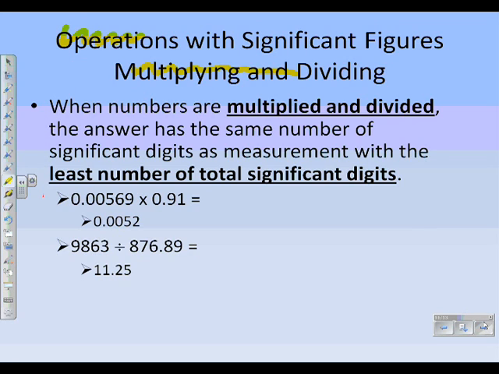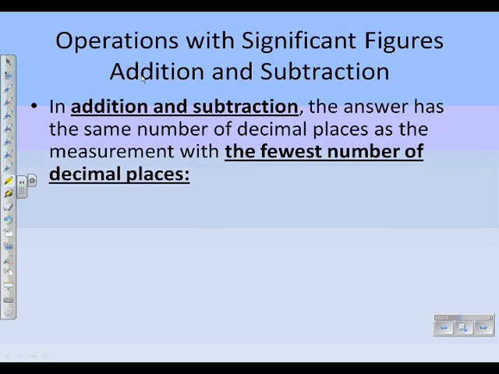Next rule. When we are adding and subtracting, we have another rule for addition and subtraction. We're not worried about the total number of significant digits. We're worried about places after the decimal. For example, here's an addition problem and a subtraction problem.